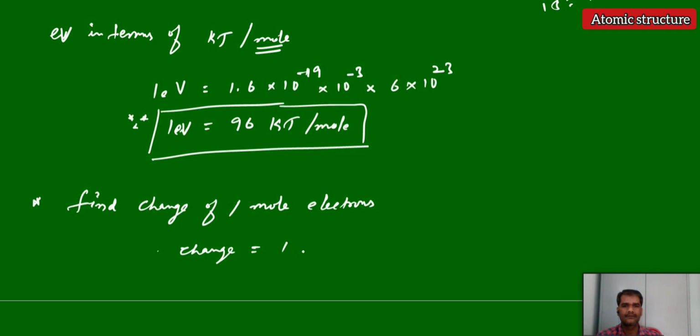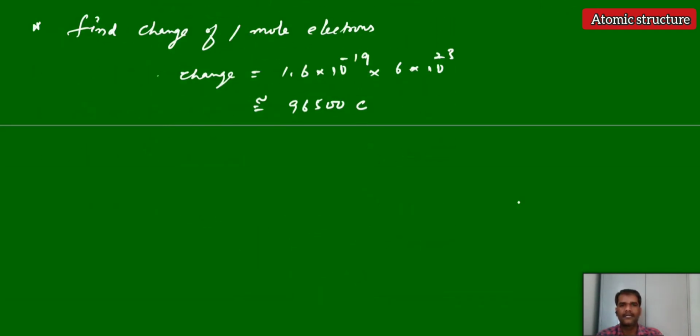That is equal to 1.6 into 10 power minus 19, 1 electron charge, and 1 mole means 6 into 10 power 23. If we simplify, we will get approximately 96,500 coulombs. This 96,500 coulombs we can call as 1 Faraday. So the charge of 1 mole of electrons is equal to 1 Faraday or 96,500 coulombs. And this you should remember.